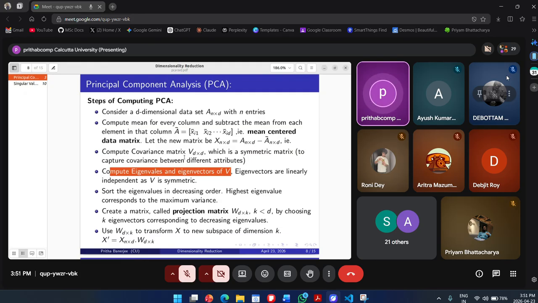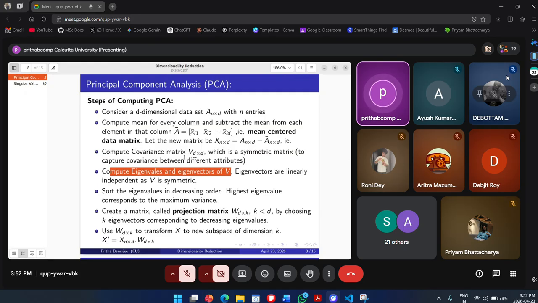Depending on your requirement, how much you are satisfied with, or what your computation ability is on the machine, you can decide how many principal components you are going to take.